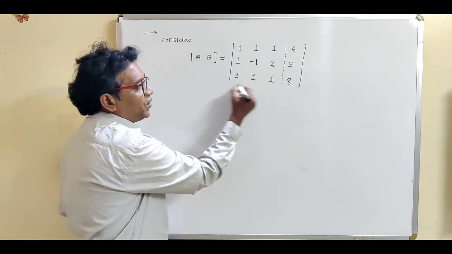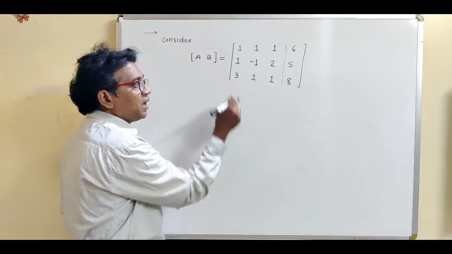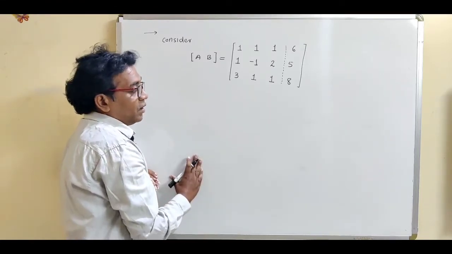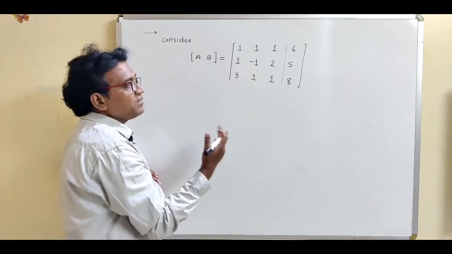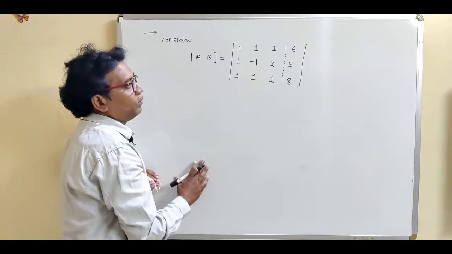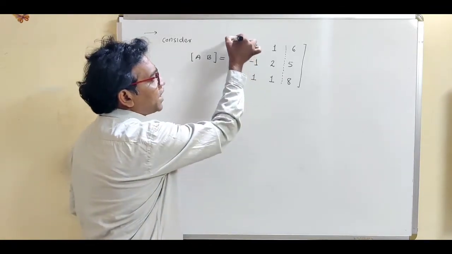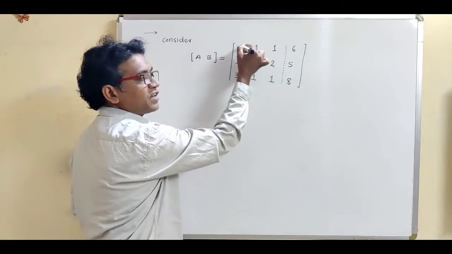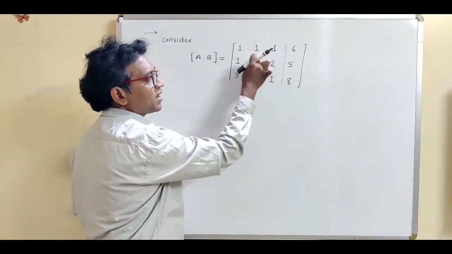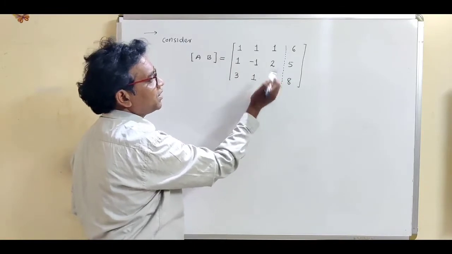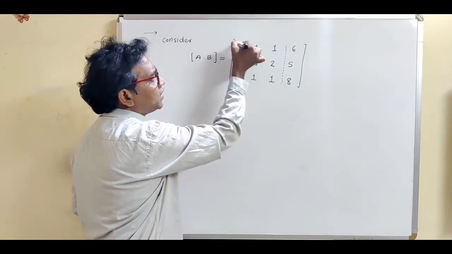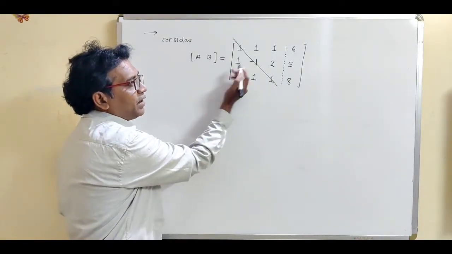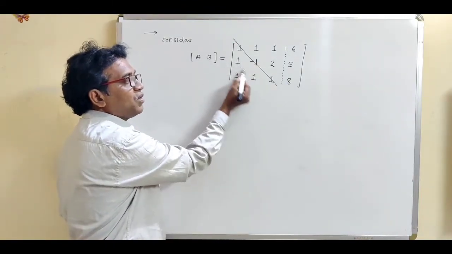First of all, reduce this matrix to the echelon form, or upper triangular form. Now see what the echelon form is. Consider the diagonal elements: from the first row the first element, from the second row the second element, and from the third row the third element. Make all the elements below the diagonal 0.